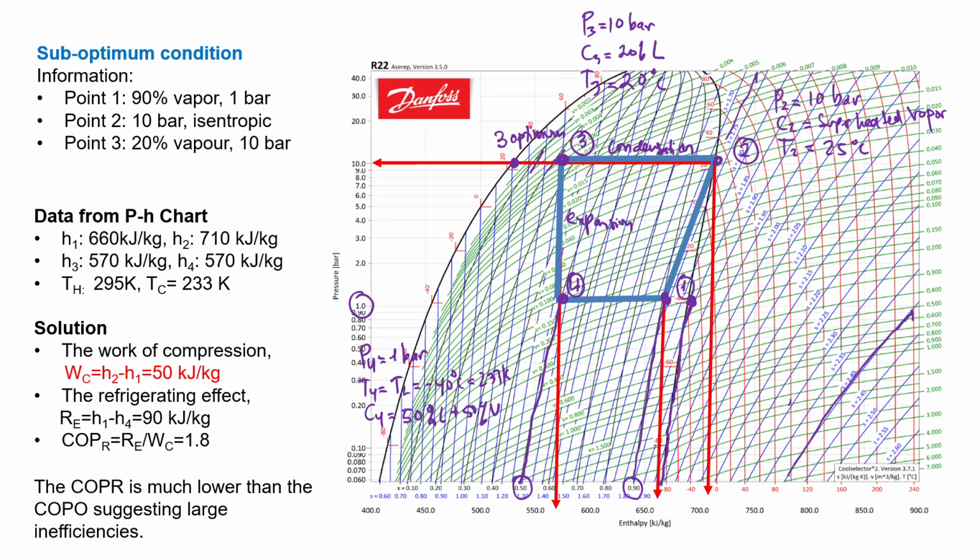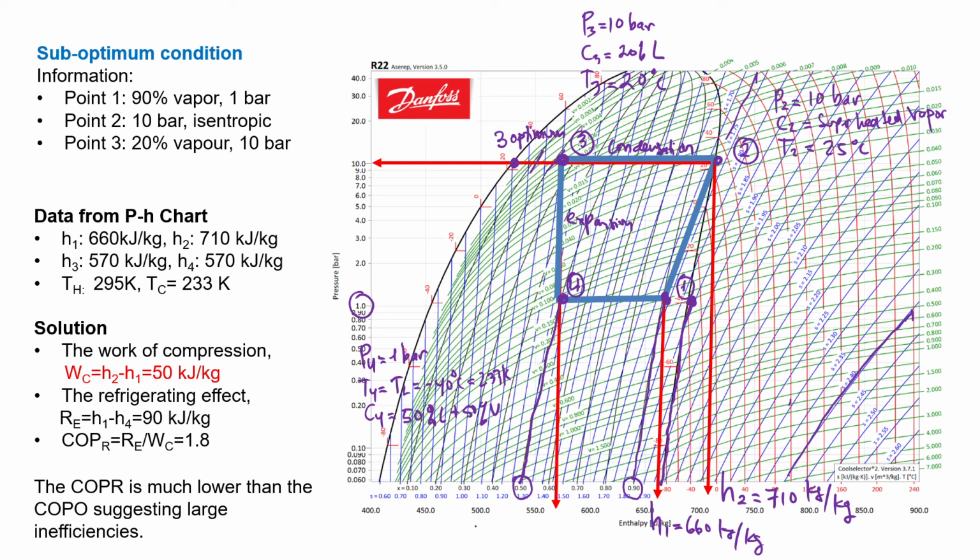So you see that this is H1 equal to around 660, I think 660 kilojoule per kilogram. And this point is H2. If you see it from the chart, slightly more than 700, so I will say 710 kilojoule per kilogram.